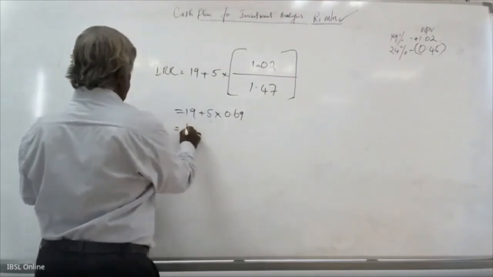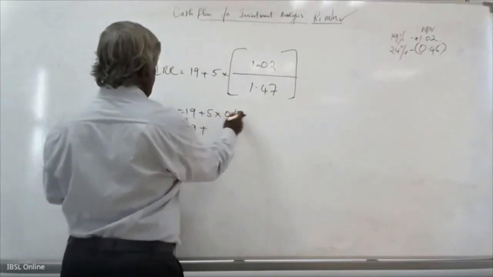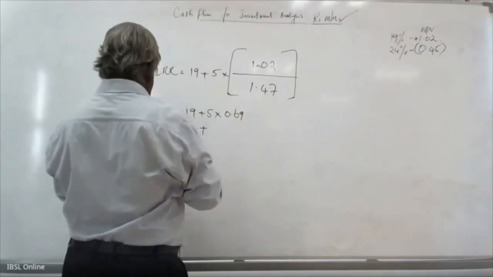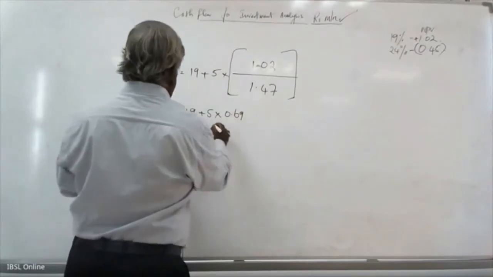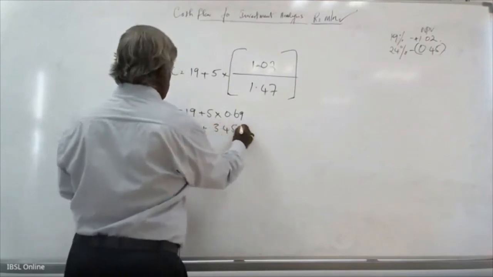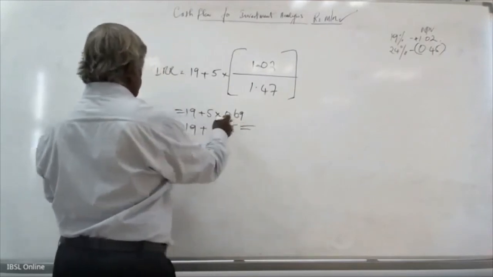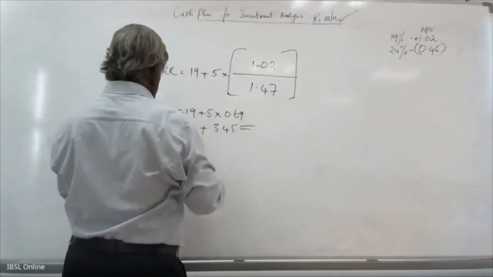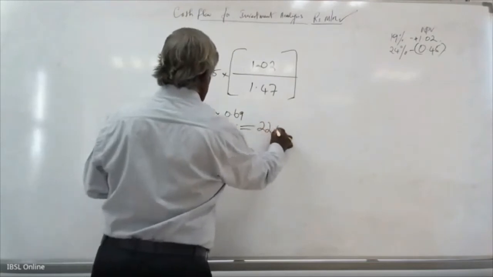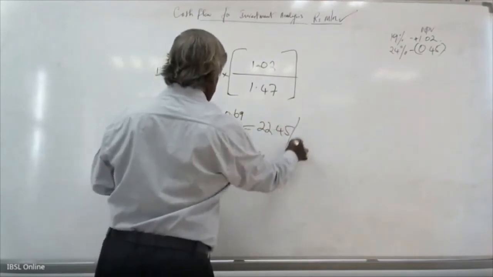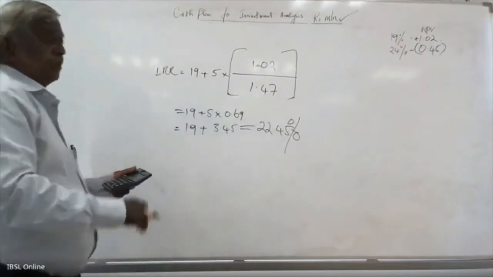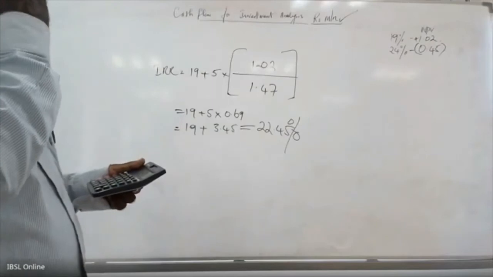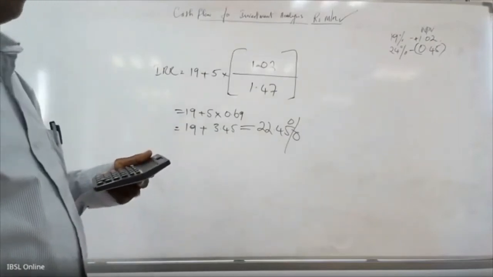So again 19 plus, then the multiplication, 0.69 into 5 equals 3.45. So 19 plus 3.45 equals 22.45%. So the break-even point for the IRR is 22.45.